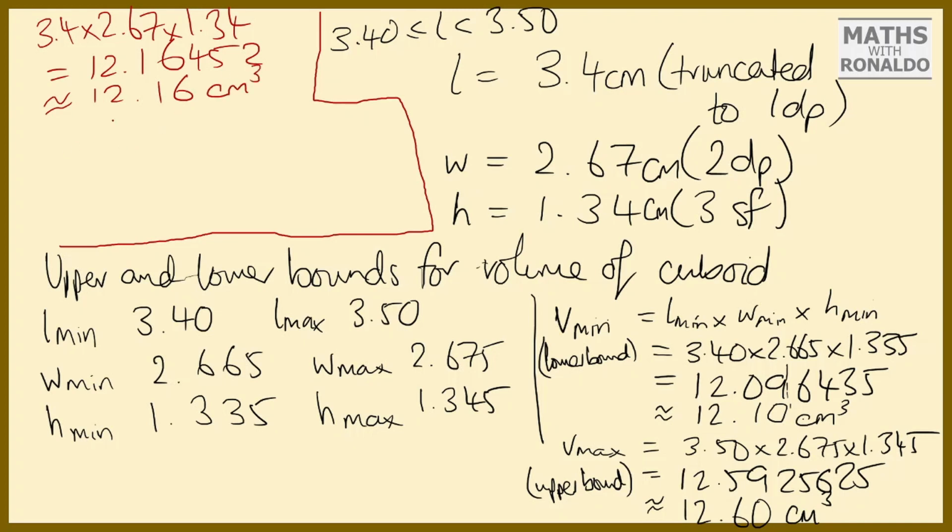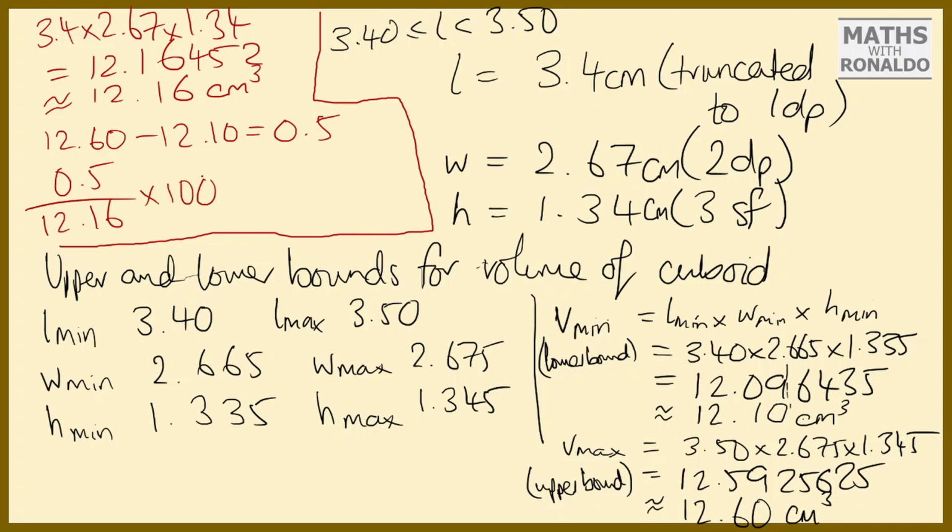If we were asked to calculate the percentage error posed by the lower and upper bound, we subtract the lower bound from the upper bound, so 12.60 minus 12.10 equals 0.5, and 0.5 divided by 12.16 times 100 to make it a percentage is 4.11%, and that's to 2 decimal places.